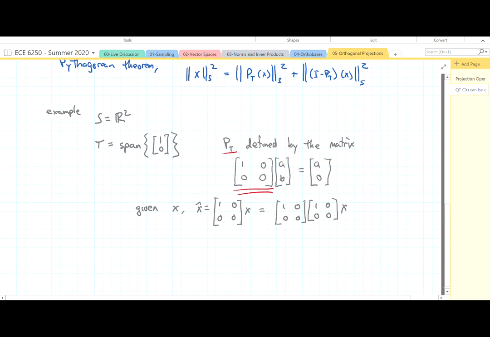And is that indeed the case? So yes, when you do that matrix product, you get a 1 here, 0, 0, 0. And so we have this nice easy matrix demonstration that our projection operator as a matrix is a matrix where the product of the matrix with itself is equal to itself. So this seems kind of almost trivial in this particular case.